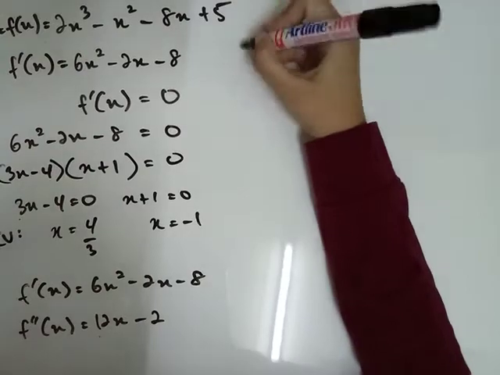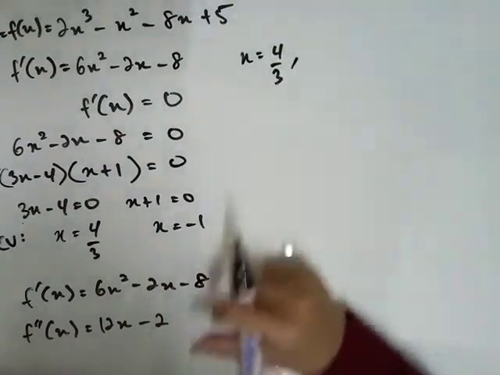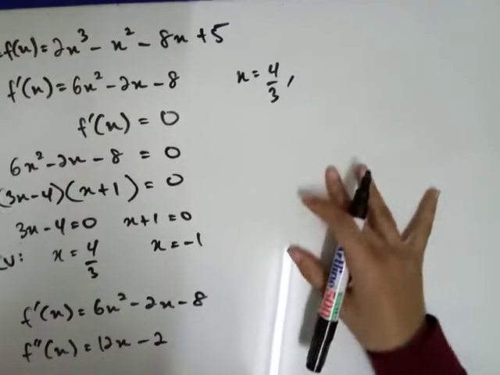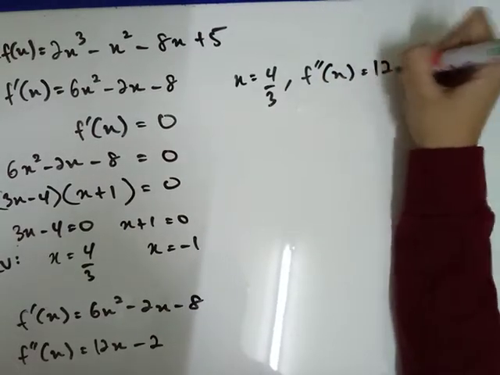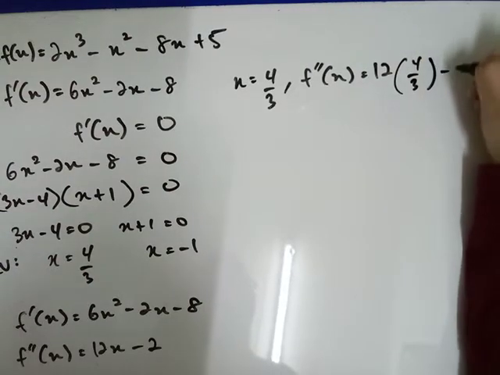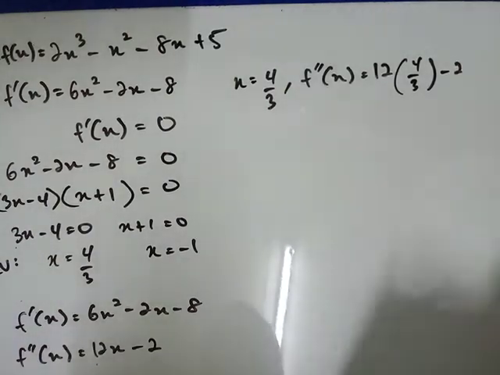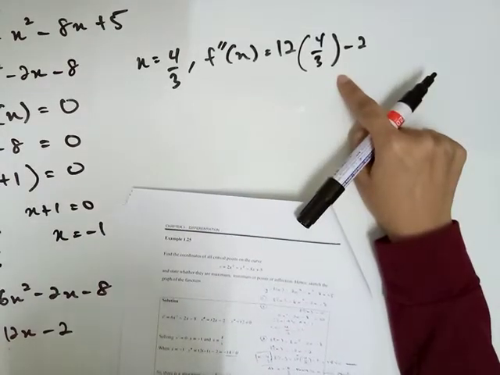When x equals 4 over 3, you need to substitute into the second derivative, 12x minus 2. So 12 times 4 over 3, minus 2. You can calculate, and you will get 14.